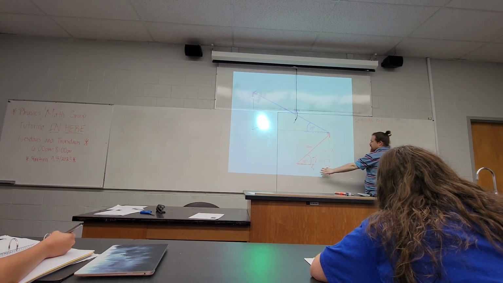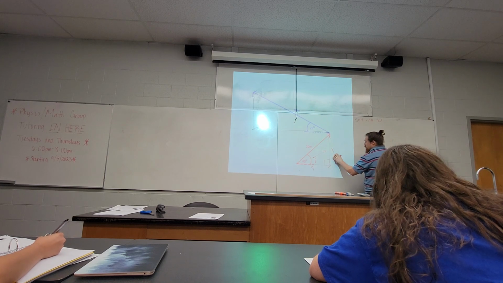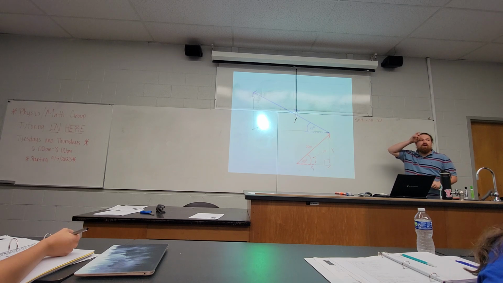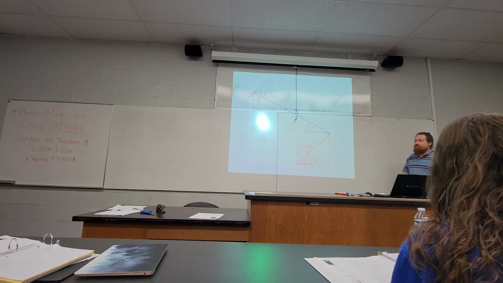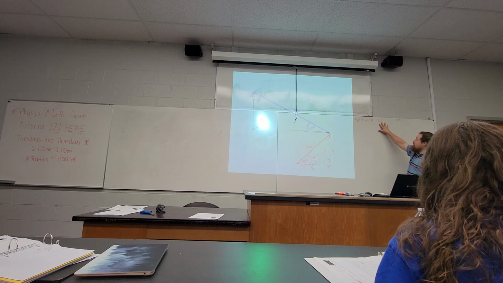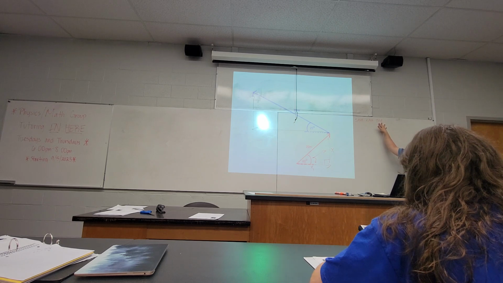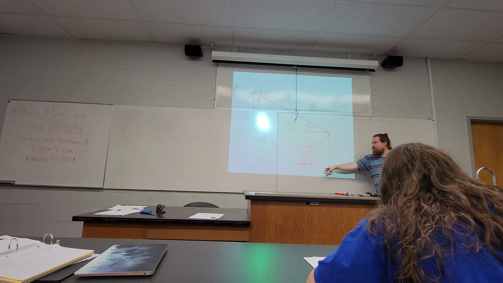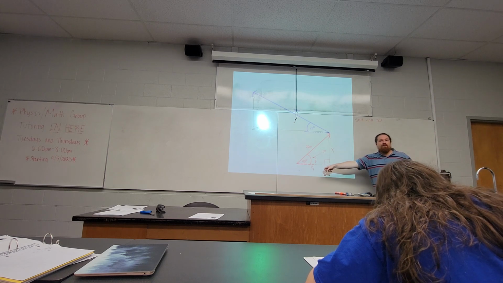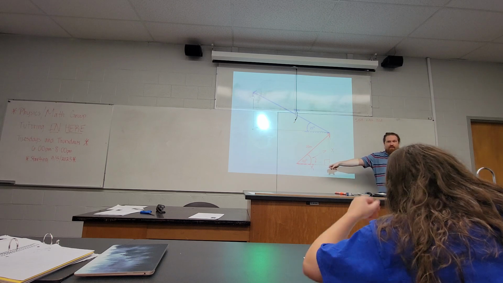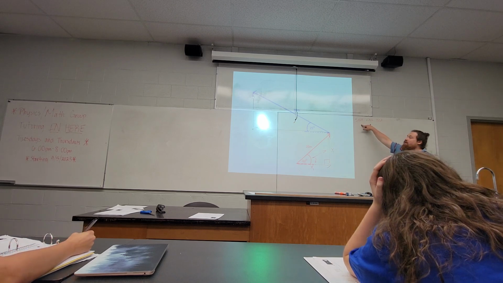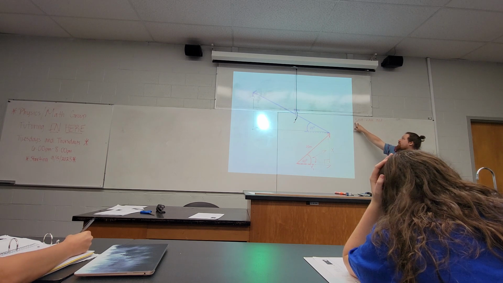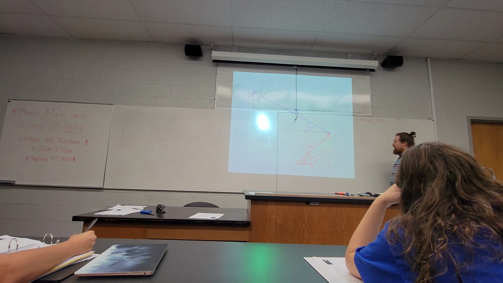So for this triangle, we know the hypotenuse, we know theta, and we want the two legs. So we just have to pick at least two of these trig functions to help us find those two legs. Tangent's not going to really help us here because TOA stands for tangent is opposite over adjacent. We don't know either of them. So TOA is not going to help us initially. So I'm going to direct our attention to sine and cosine instead. Sine says sine of theta equals the opposite leg over the hypotenuse.